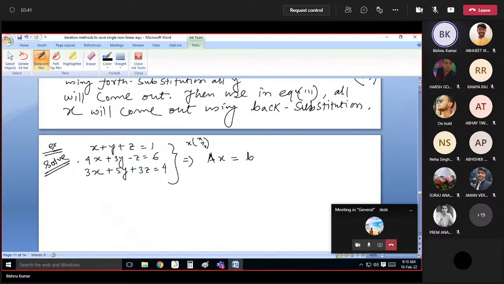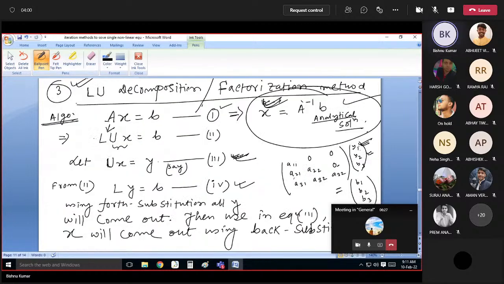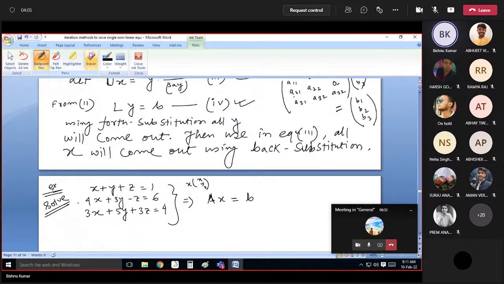Solve this system. Now tell me, if I ask you to solve it with the help of the Gauss elimination method or the Gauss-Jordan elimination method, are you able to solve this system? Yes, sir. You know the two methods, I think. With the help of those methods, you can solve it. Now, how will we solve it with the help of the decomposition or factorization method? That is our target today.